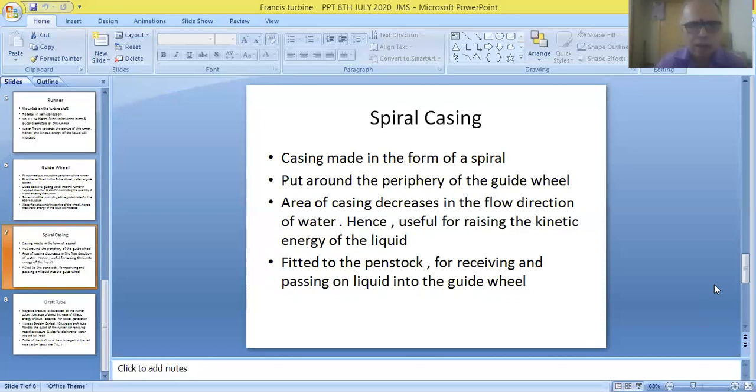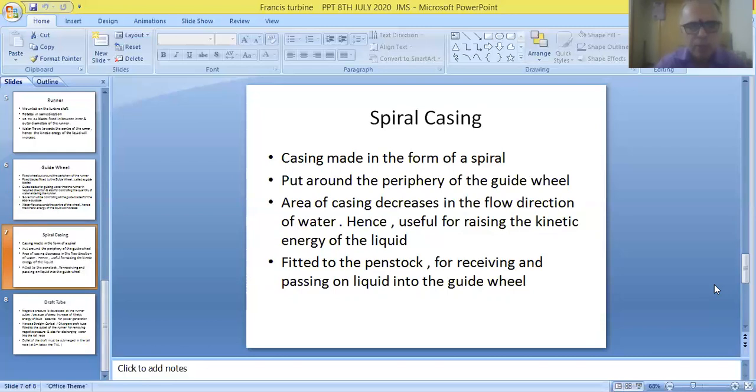That is all mentioned in this particular slide. It's put around the periphery of the guide wheel. So the runner is covered by the guide wheel mechanism, and finally the guide wheel mechanism is covered by means of a spiral casing. Also, we have talked about the energy conversion.